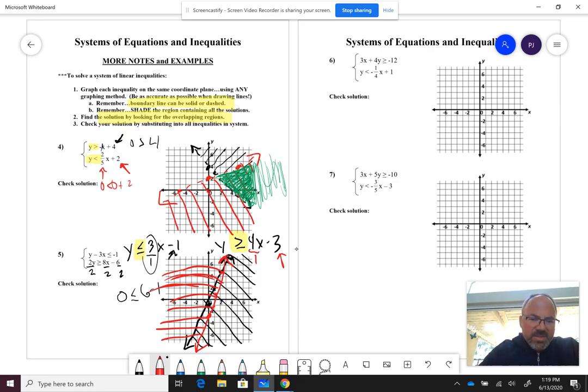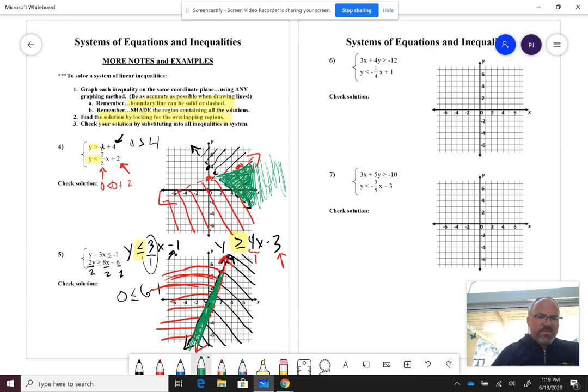Okay, the solution is, again, where these overlap each other. So that would be right in here. Okay, it's a small little sliver of space, but that is, again, where they are going to overlap each other.